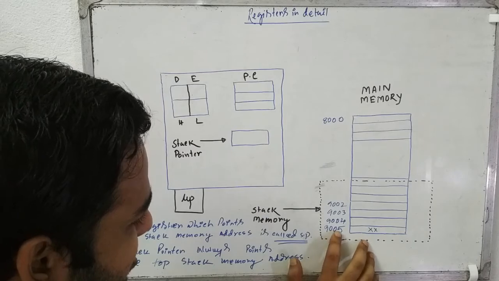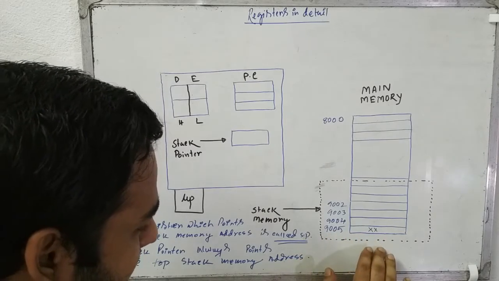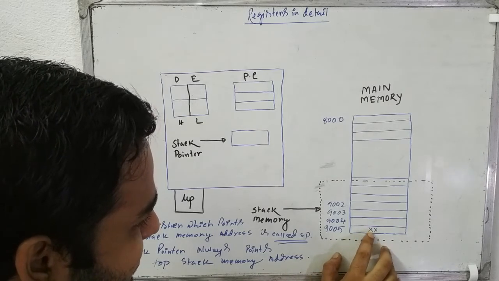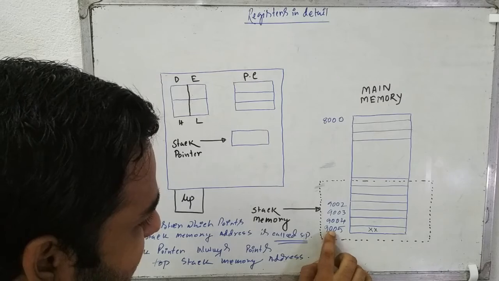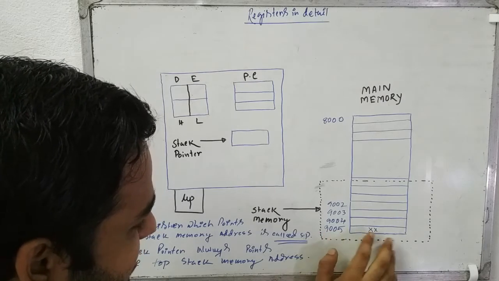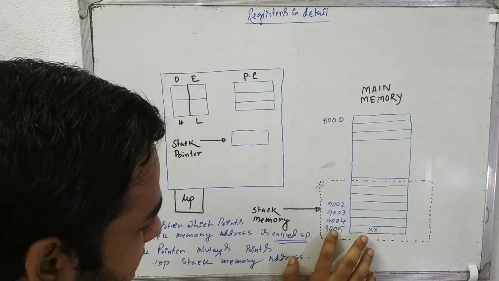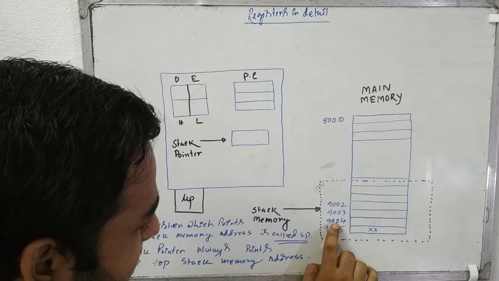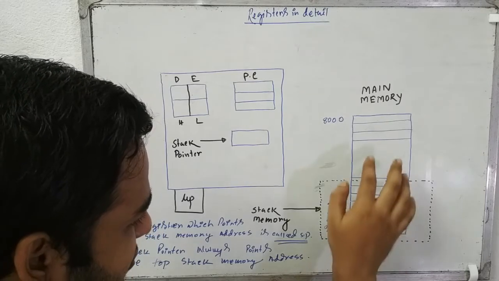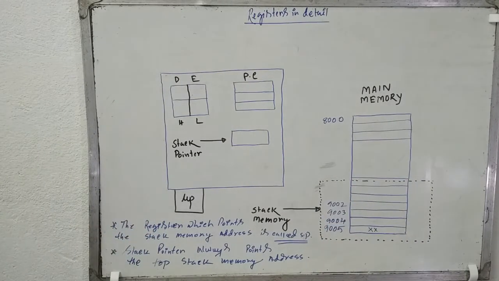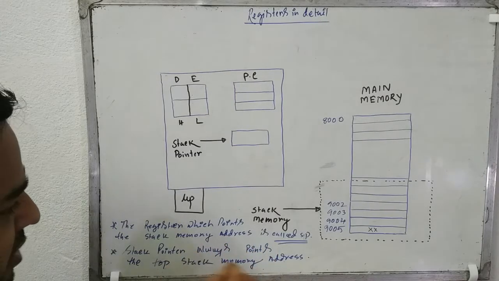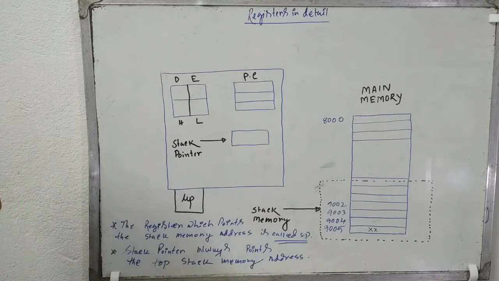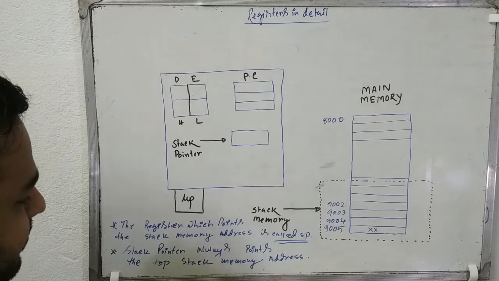Why? Because 9005 and the locations above it are already filled by 8-bit data, as you can see over here, and from 9004 the stack is empty, so it will always point to the top address location, which is 9004, the highest address value here.